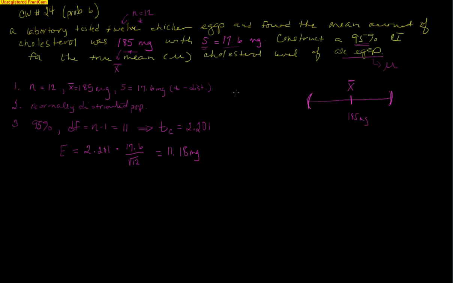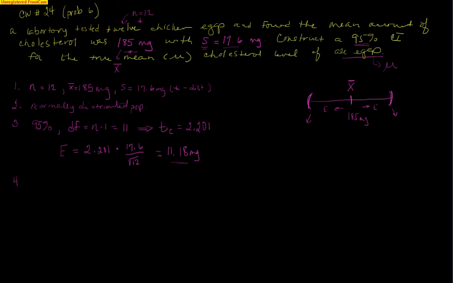So we're trying to find the average amount of cholesterol in all the eggs. We're looking for these boundaries, these intervals. What we've computed here is this error, which comes from the standard deviations: how far out you want to go times what the standard deviation is. So our error is roughly 11 milligrams of cholesterol.